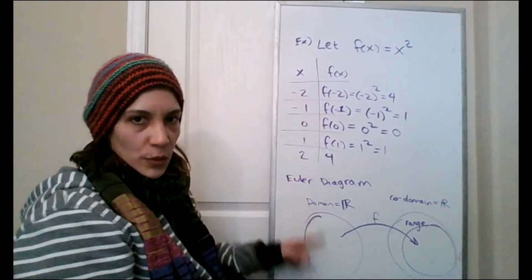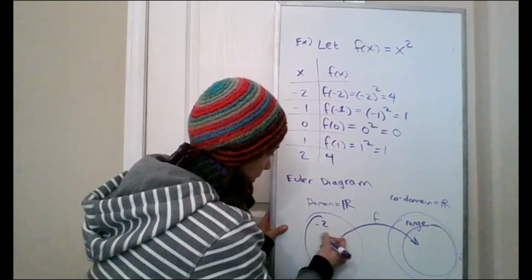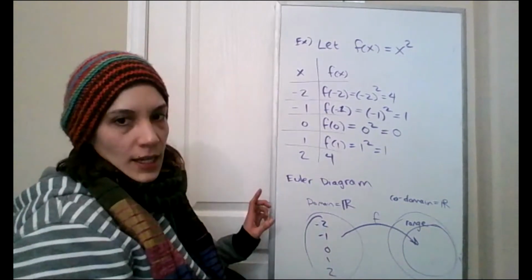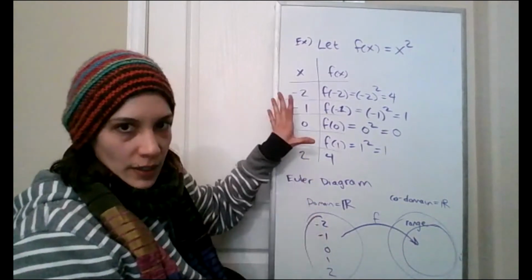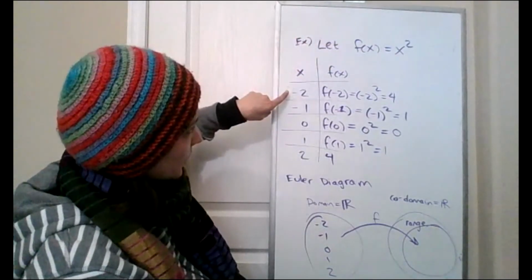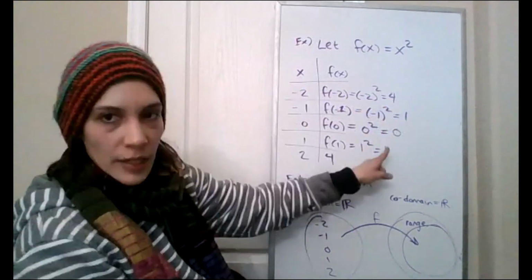So I just have a few inputs: -2, -1, 0, 1, 2. This is just a little piece of the function. So the outputs are 4 and 0 and 1.